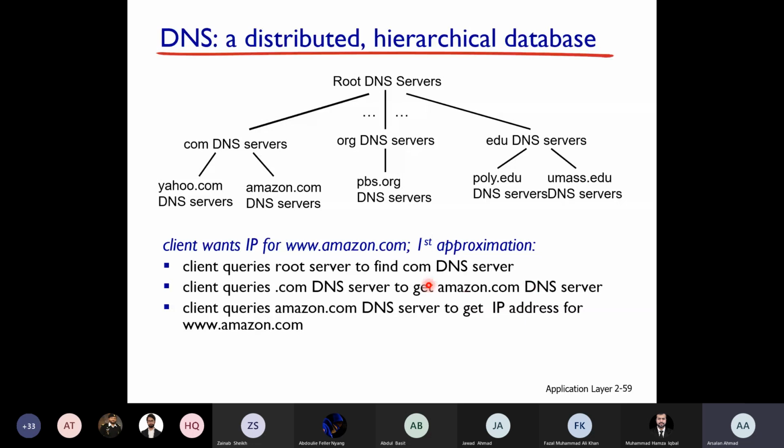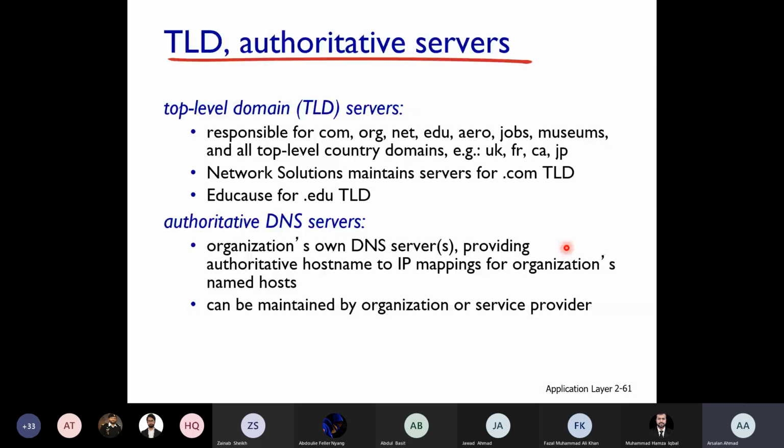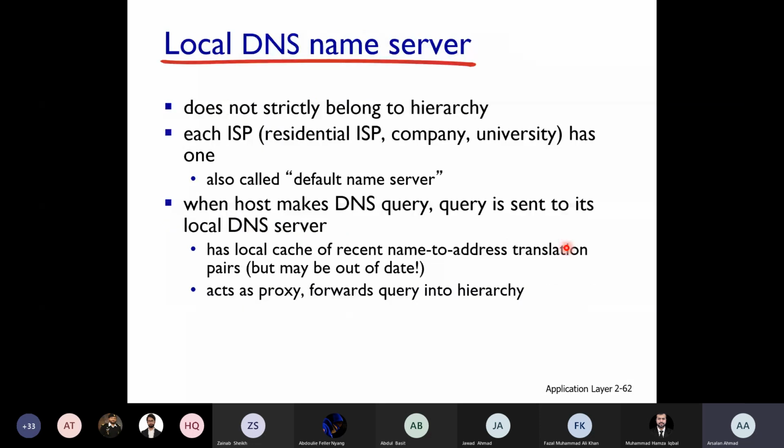We have discussed the 13 logical root name servers worldwide. Each server is replicated many times, not shown in this slide set, but in the other one, the figure is shown, which I just discussed. And then TLD and authoritative servers we have discussed, and the local name server we have discussed as well.